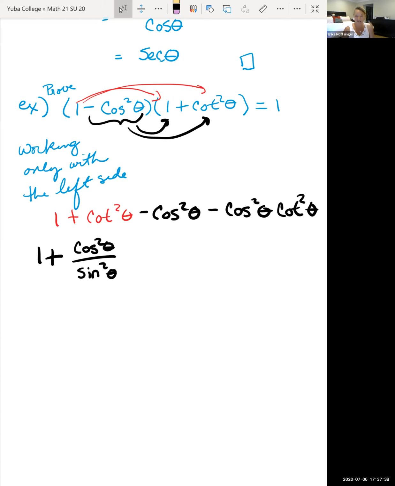Okay, so let's continue rewriting this left-hand side in terms of just sine and cosine. And so we have minus cosine squared theta, and then cotangent squared theta, which again is cosine squared theta over sine squared theta.